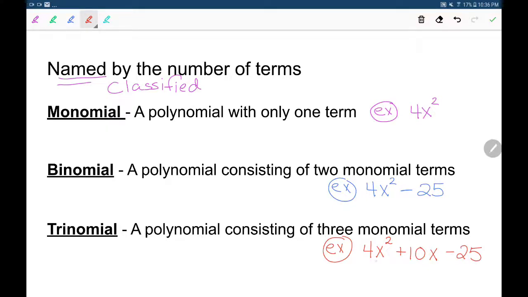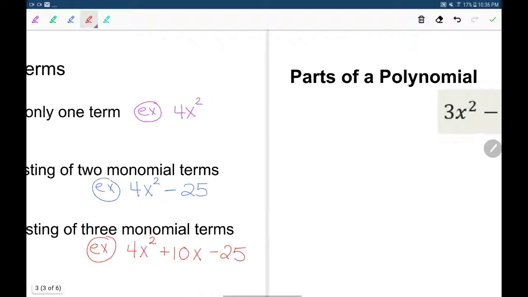So we have the 4x squared, the 10x, and the negative 25 are all separate terms. Once you get past 3 terms, they start to not classify them so much by name, and a lot of times they'll just call them polynomial. Okay, it just starts to get kind of confusing when you have these long strings of numbers. But these 3 terms, monomial, binomial, trinomial, they use a lot, so you need to be familiar with those.